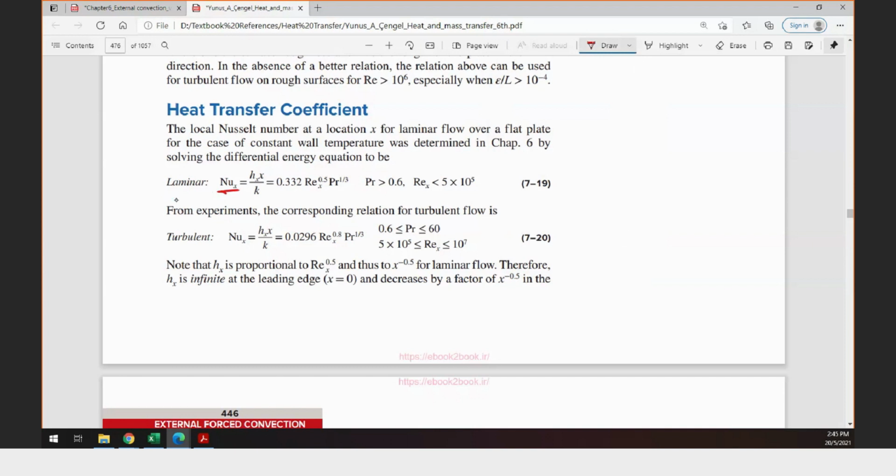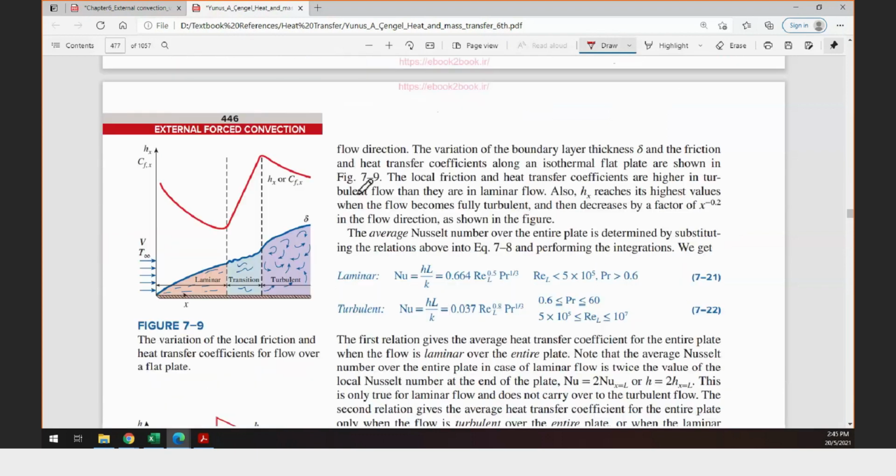And you should meet the condition here in order to use that particular equation. Let's say you do not meet it. Let's say you got the Reynolds number 1 equals 10 to the power of 8. So then how to use this? It does not meet. Then you can use the other equation.